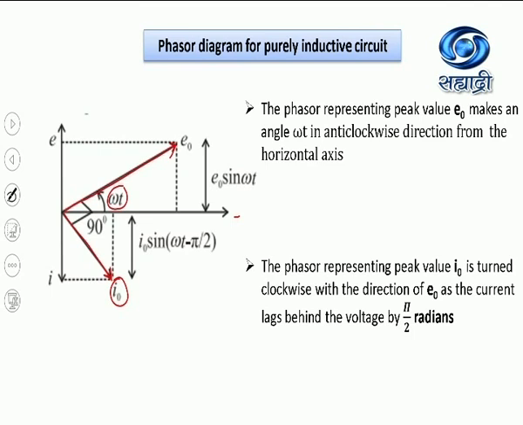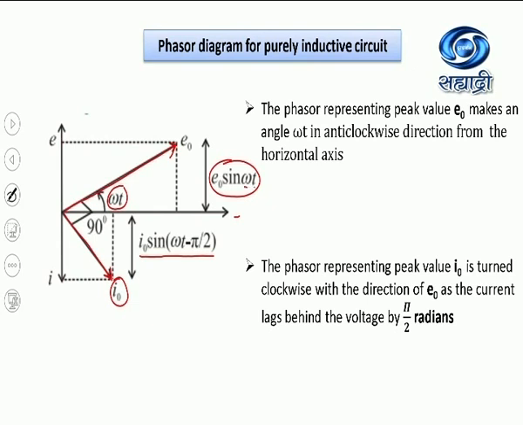Now, if I take the projection of this phasor for the current on the y-axis, it will give me the expression for the instantaneous current, and that is equal to I naught sin(omega t minus pi by 2). If I take the projection of the EMF phasor on the y-axis, then the expression for the instantaneous EMF is equal to E naught sin omega t.